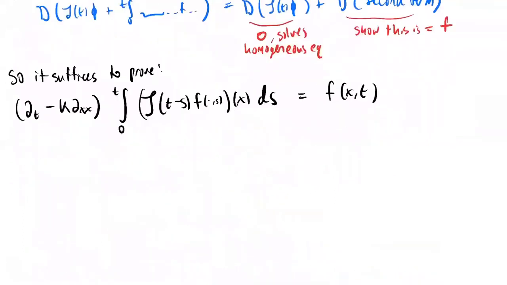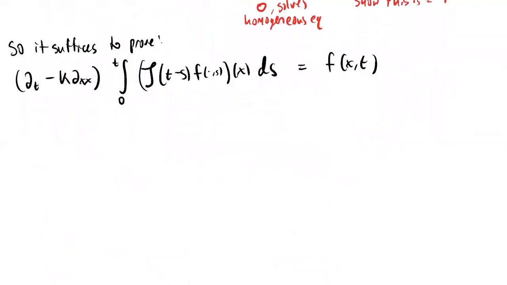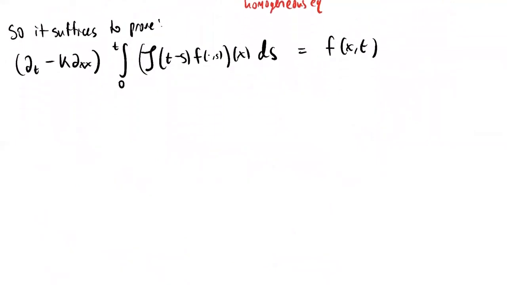And so now we just have to actually do a calculation to see what we get. So notice that I want to take the derivative. Well, let's look at the t derivative. Let's look at this term first. Now I'm looking at derivative with respect to t of an integral from 0 to t. But inside the integral, I have some other function of t, which is the solution operator.